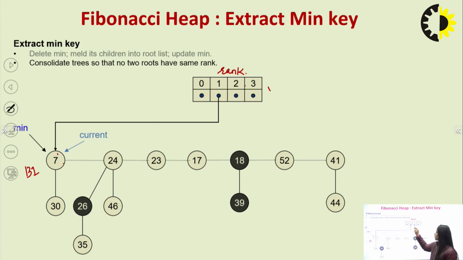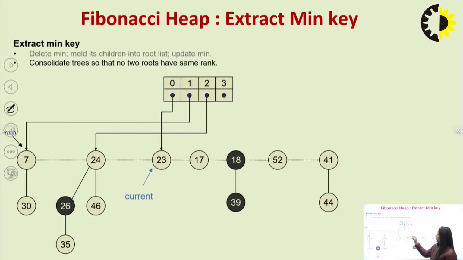Now I connected this pointer with this node. Now if I go here, what is the degree of this tree? It is 2, right? So since the degree of this tree is 2, I make a connection from this table entry 2 with a pointer. Now 23.